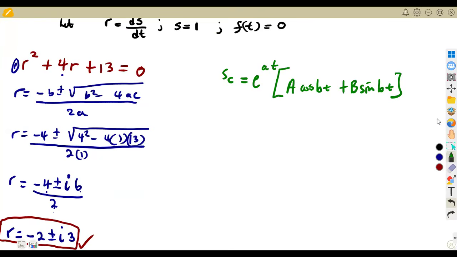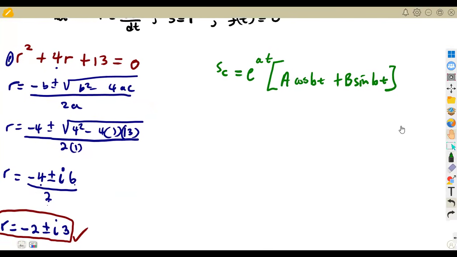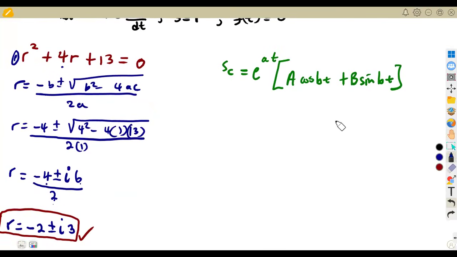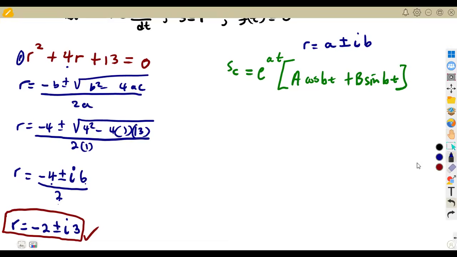So that was the solution, and this solution was on a condition. Remember, it was on a condition where r is equal to a plus or minus ib, like this. So we are just substituting as it is. Our a in this case, from our solution here, this is our a, plus or minus ib.